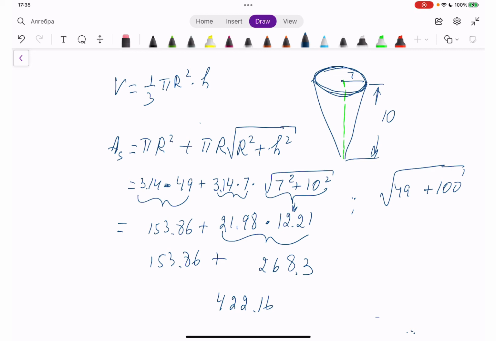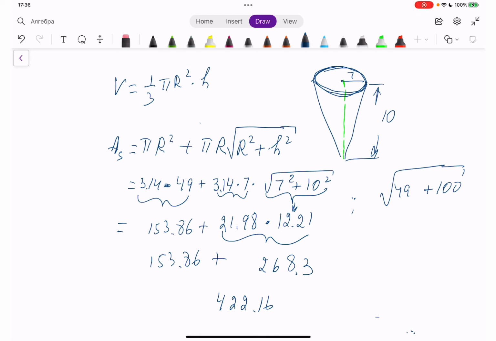Now here 49 plus 10 squared, which is 100. So 149, and I am taking square root 12.21. Okay, 12.21 I am multiplying by 21.98. I get 268.30, and then I need to add 153.86. 422.16.